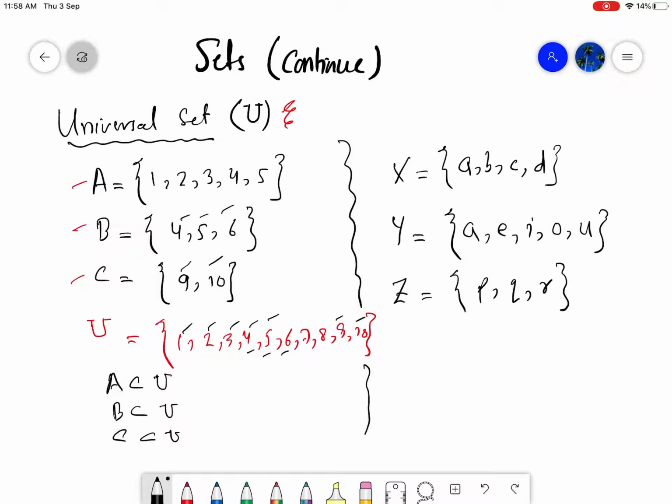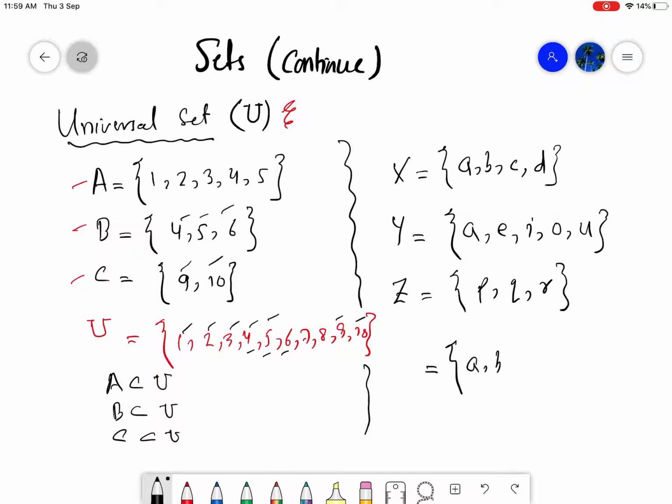Okay, let's look into the other example. There are three sets again: set X is A, B, C, D, set Y is A, E, I, O, U, which are vowels, and set Z is P, Q, R. So if we have a set which contains all these elements, it doesn't matter whether it is bigger than these three sets, I mean it has more elements, so it is okay.